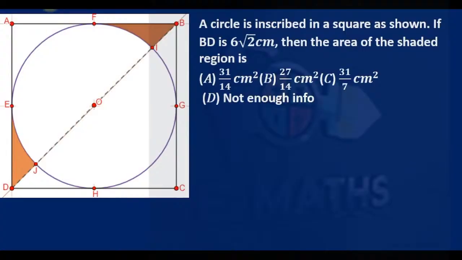Okay, the next question: a circle is inscribed in a square as shown. If BD is 6√2, then the area of the shaded region is dash.